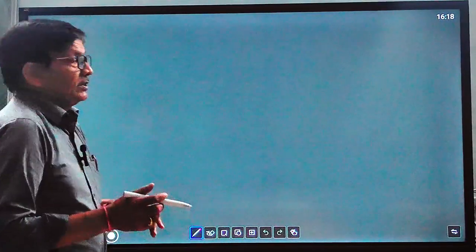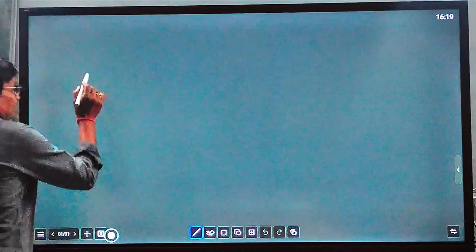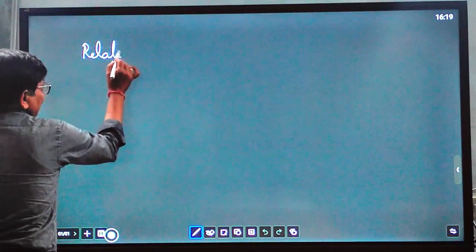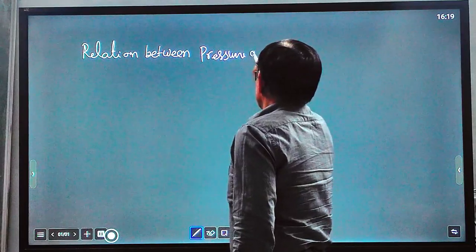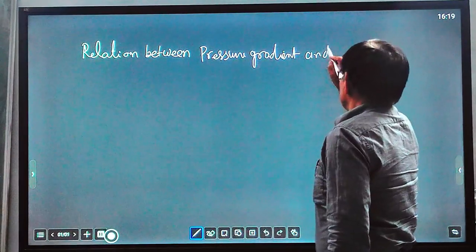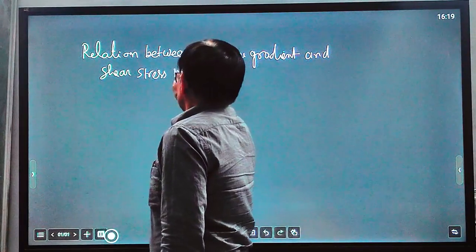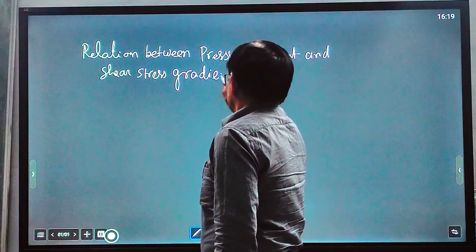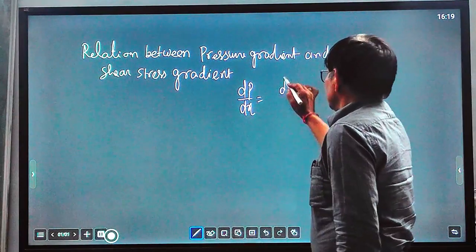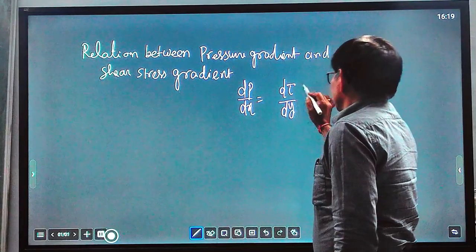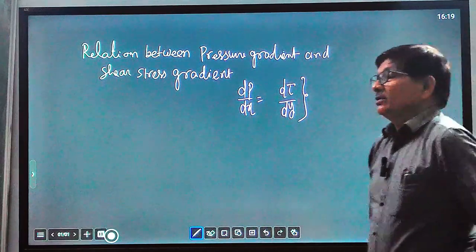So let us first discuss the relation between pressure gradient and shear stress gradient, that is, dp over dx equal to d tau over dy. This relationship we will derive, and it will be useful for the other derivations.